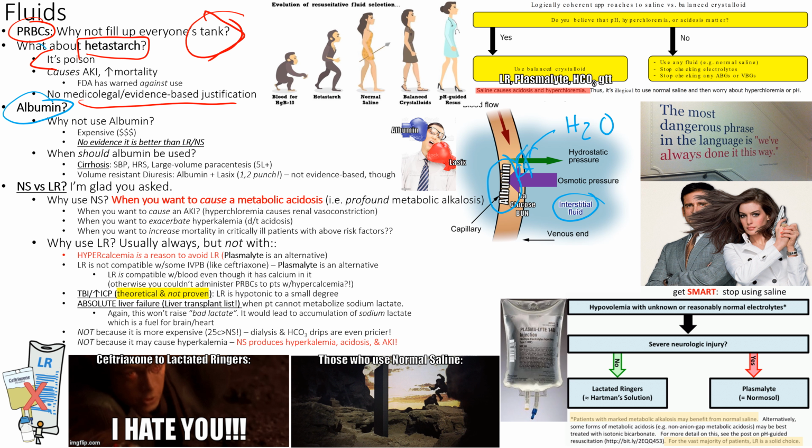There are no side effects like transfusion reactions from it, but it is expensive. So who is albumin for? Who is it appropriate for? Someone who is cirrhotic. There are 3 complications that could lead to a need for albumin. Usually when you see albumin hanging, it's because they have a history of cirrhosis, since that's what it's usually given for.